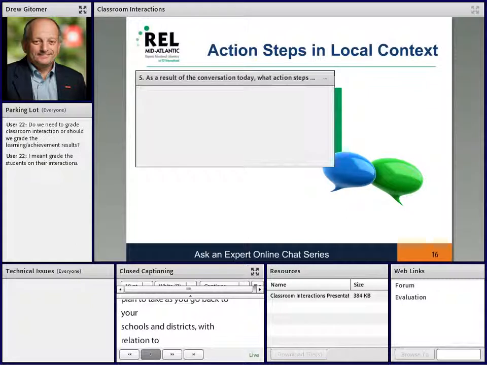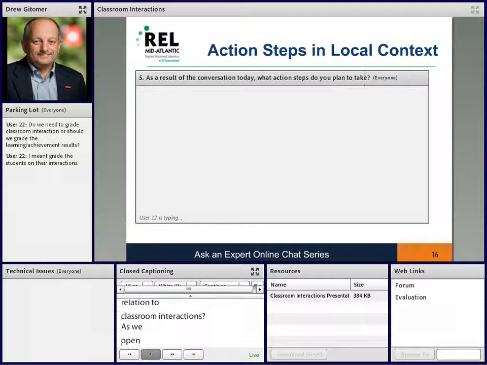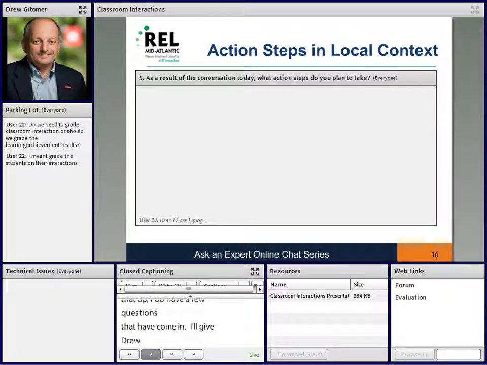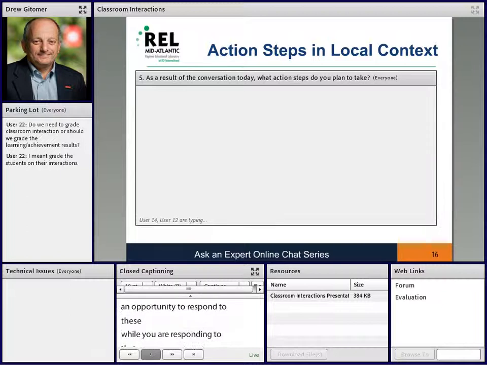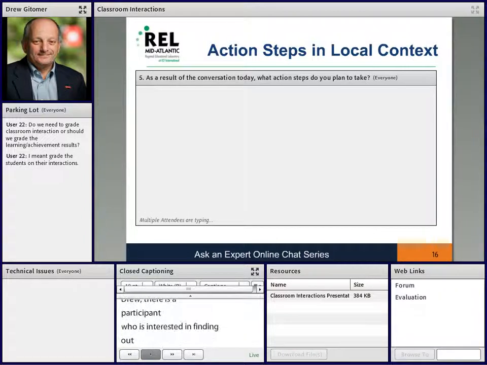So as we open that up, I do have a few questions that have come in, and I'll give Drew an opportunity to respond to those while you're all responding to that question. Drew, there's a participant who's interested in finding out what areas of classroom interactions you have seen in the research that show where teachers are currently the strongest, and maybe what areas they need to develop.